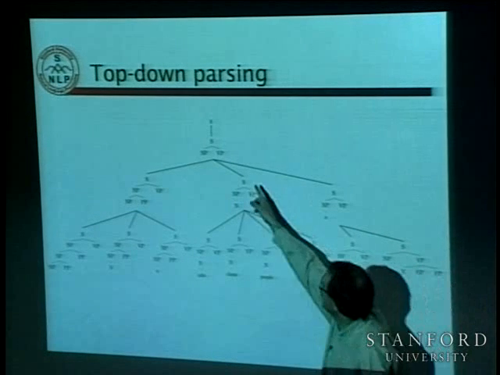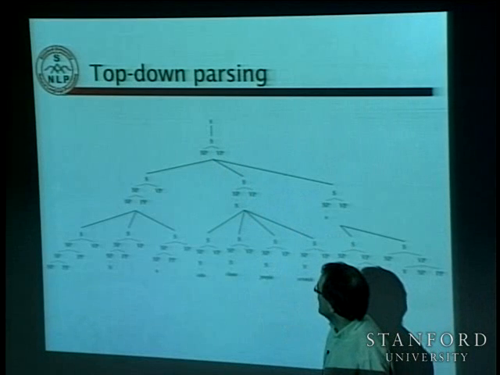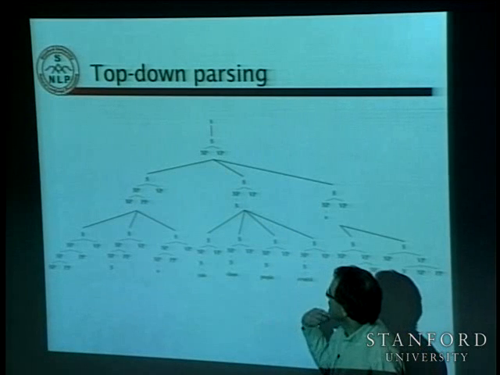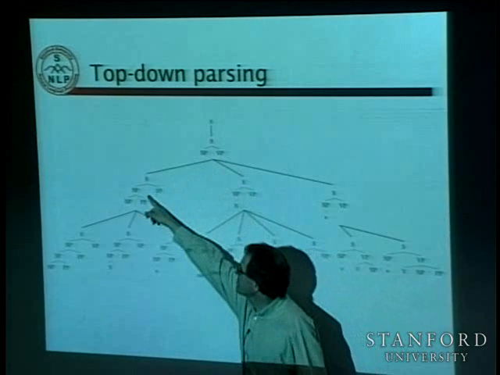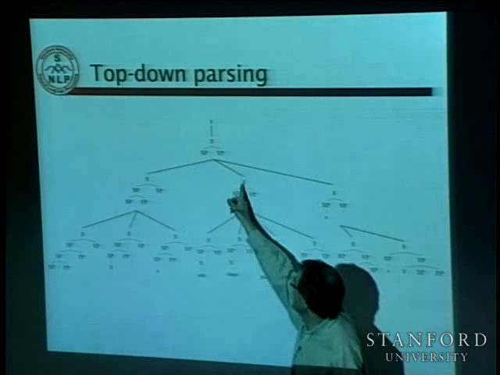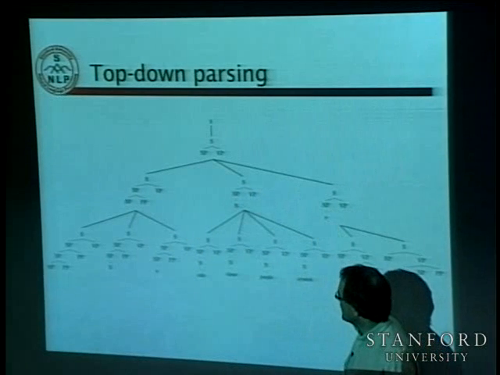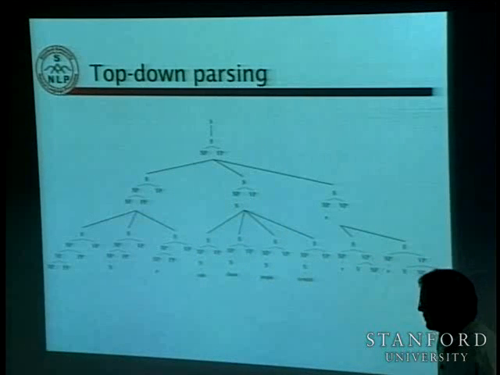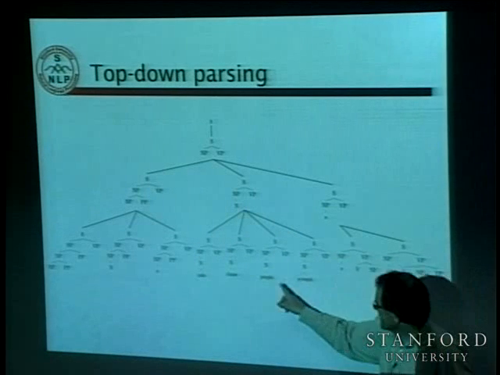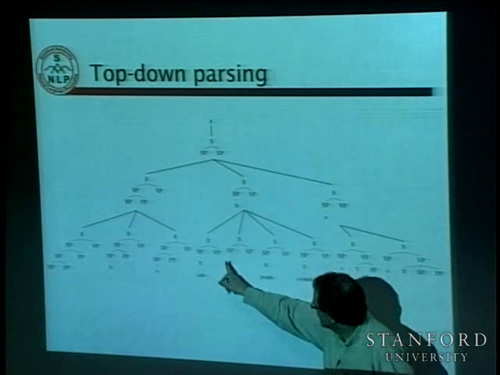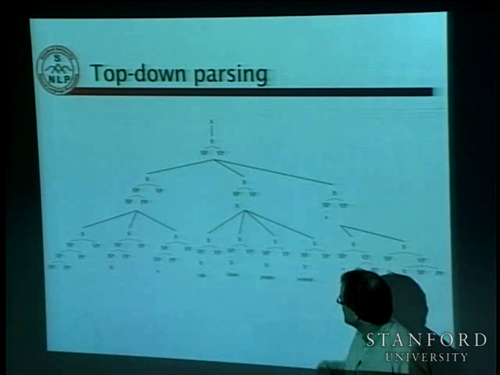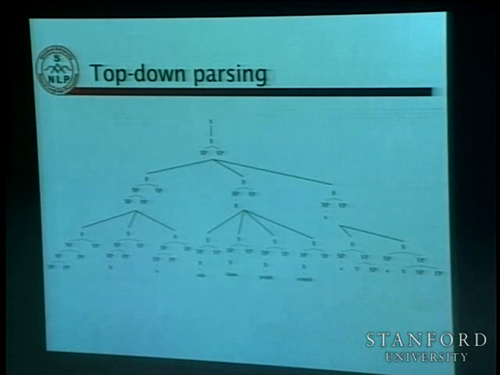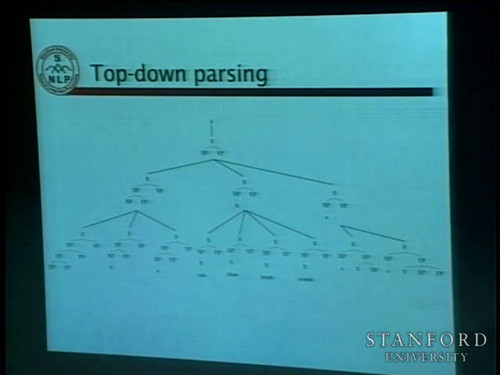I then expand it in every way that's licensed by the grammar, which is only one for the first rule. But then I expand the left noun phrase, and I can expand it in 3 ways. And then I keep expanding down, and I would eventually start producing words. So here I produce cats, and here I produce people, and I do this top-down search through the grammar. Okay, so this is a possible thing to do.